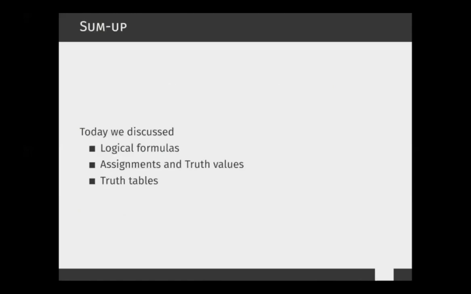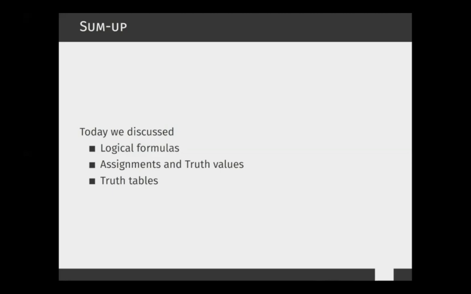So just to sum up, in today's lecture, we talked about logical formulas, which are statements formed from propositional variables using logical connectives and following some rules, like negation is applied to unary formulas and other operations are applied over binary formulas. And we saw that sometimes it's important to put parentheses to make your formula more readable.